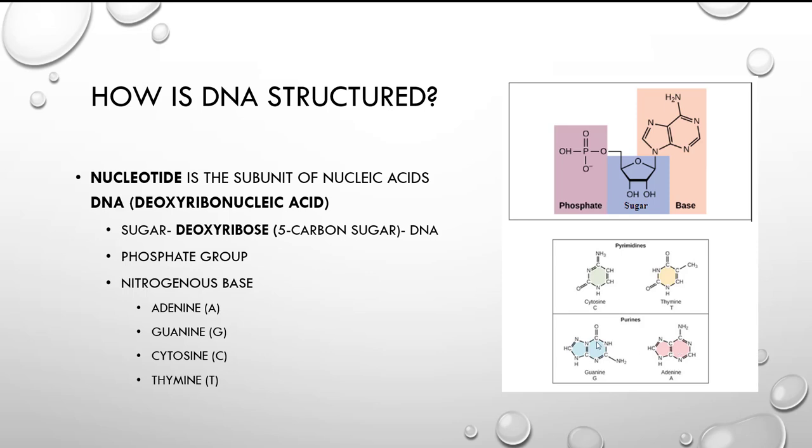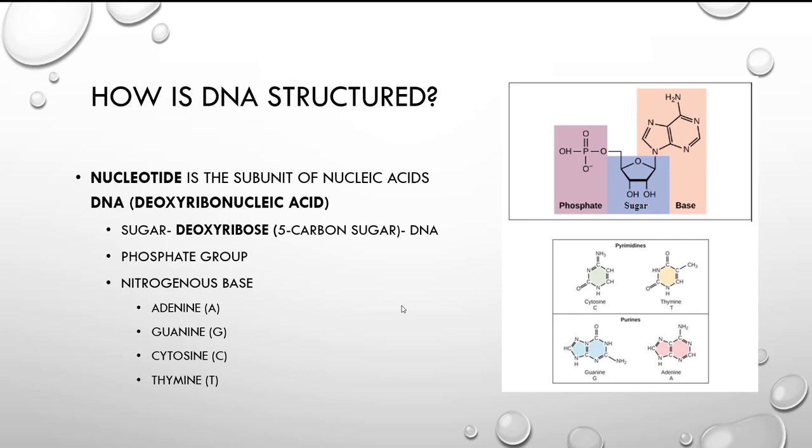So we call adenine and guanine purines, whereas cytosine and thymine are pyrimidines, okay? Just realize that adenine and guanine are purines, cytosine and thymine are pyrimidines. And this comes into play when we do our base pairings, okay?